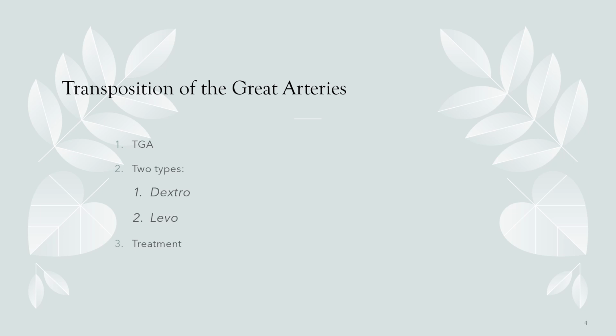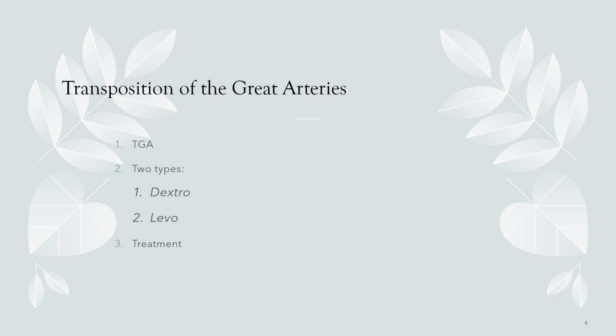Next up, we have TGA, which is the transposition of the great arteries. And TGA is a congenital heart defect where the two main arteries, the aorta and the pulmonary artery, are switched in position. And there are two types of TGA. The first one is your dextro loop, also known as dextro TGA, DTGA, or simple TGA.